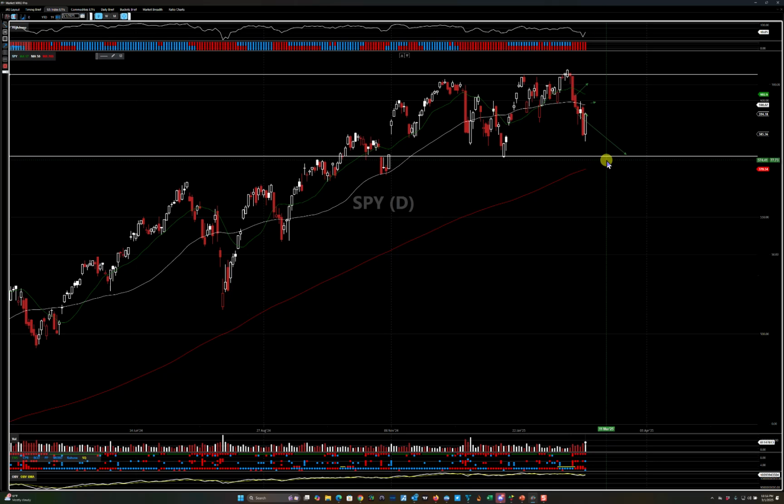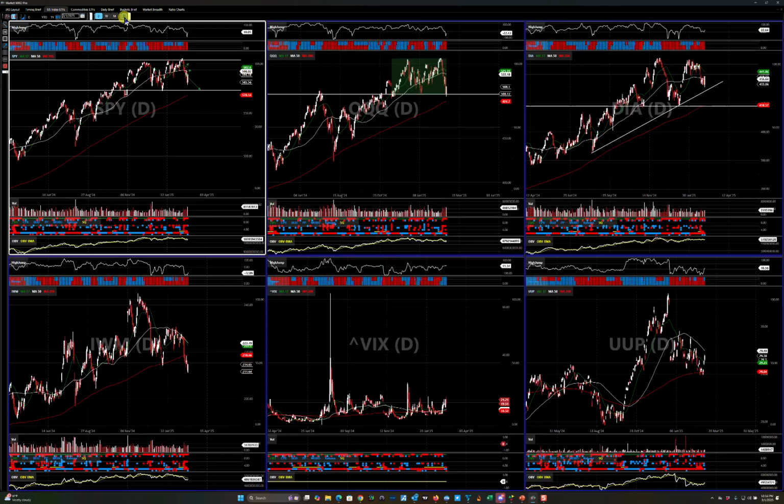On the other hand, can we go right back up and take out that 50 and go on to new highs? Absolutely. I have to say that since I am more bearish than bullish, I'm looking for targets to the downside, but I'll play the market that I get. And you could see here on Friday we actually had nice volume. There's the white bar there. All right, so that is the Spider.